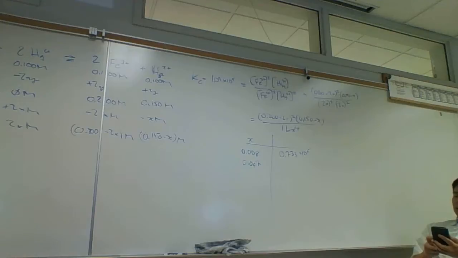It's going to be 0.2 minus 0.014 equals, square that, times 0.143. So I don't need parentheses really. Divided by 16, divided by 0.007 to the 4th.